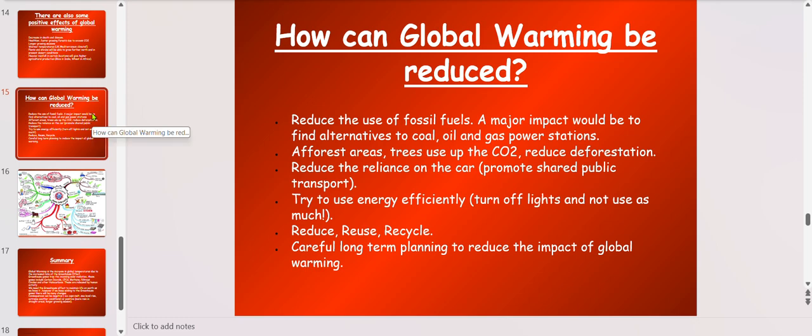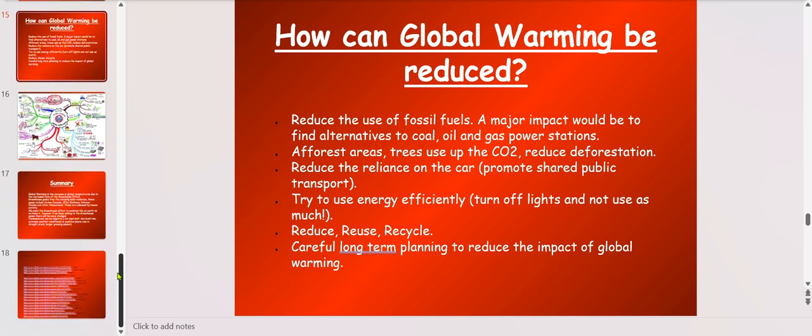How can global warming be reduced? Firstly, we have to reduce the use of fossil fuels. A major impact would be to find an alternative to coal and oil gas power stations. Try to use energy efficiently.